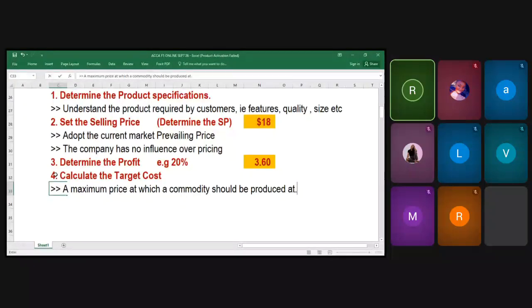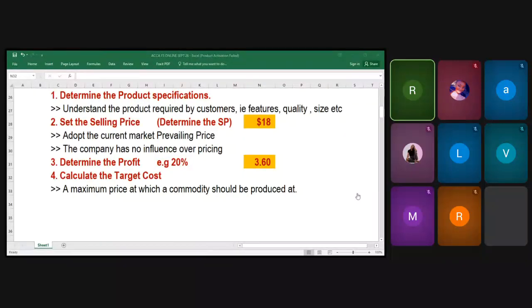As long as our cost is exceeding the target cost, we are not going to produce the product, because if we produce at a cost that is above this, okay, probably let us quantify the target cost here.